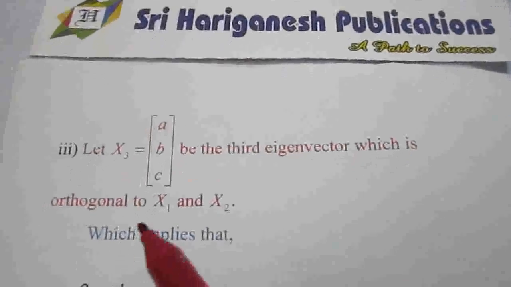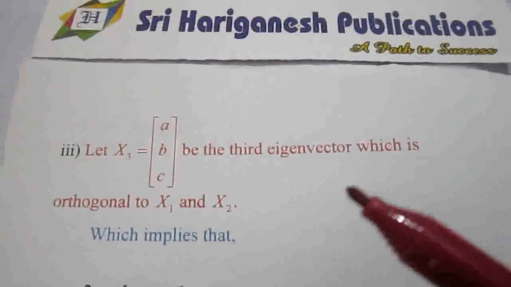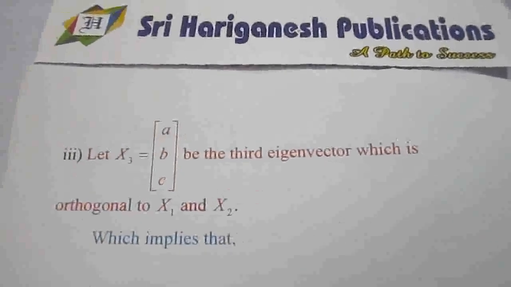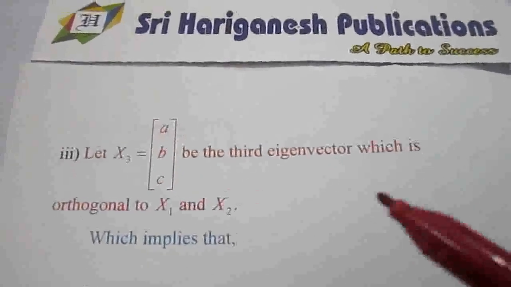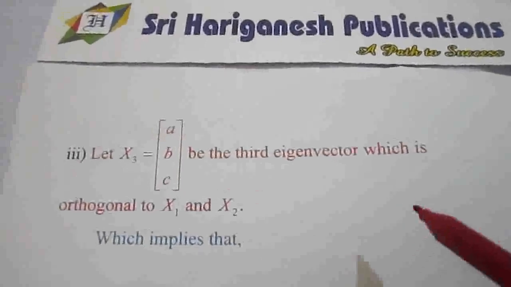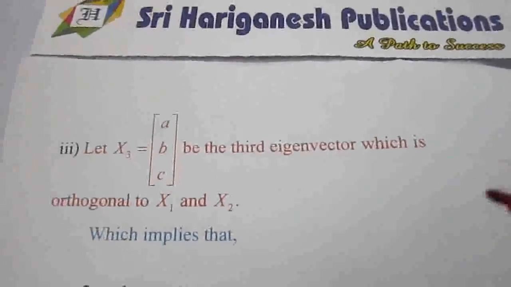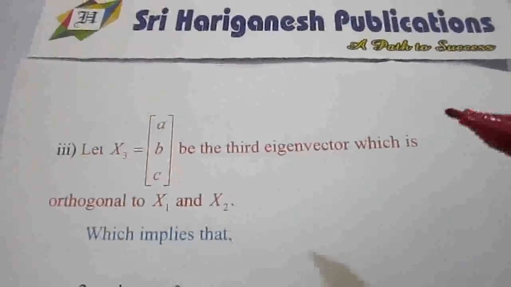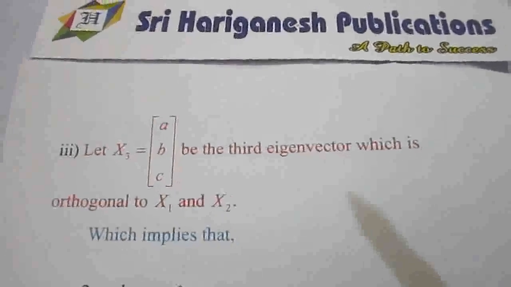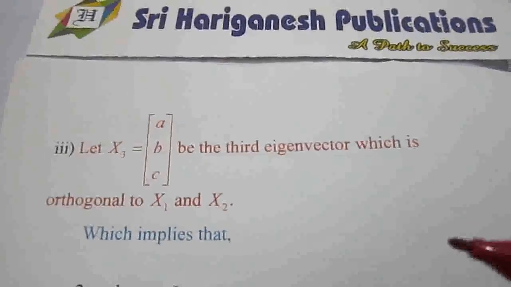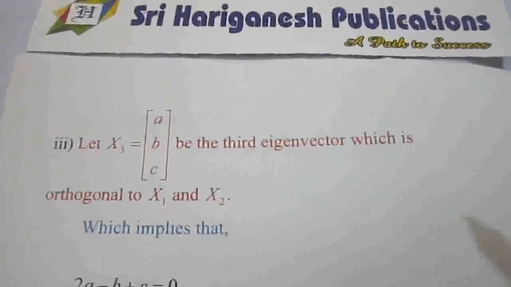Okay, I am going to find the third eigenvector. But listen, among the three eigenvalues, two eigenvalues are equal. The first eigenvalue is 8, and the second and third eigenvalues are equal, so it is 2. We already found the eigenvector for lambda equal to 2. Even though two eigenvalues are equal, we have to find the third eigenvector, which is different from x1 and x2.